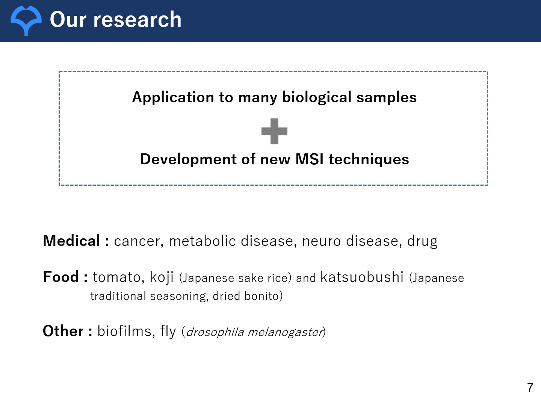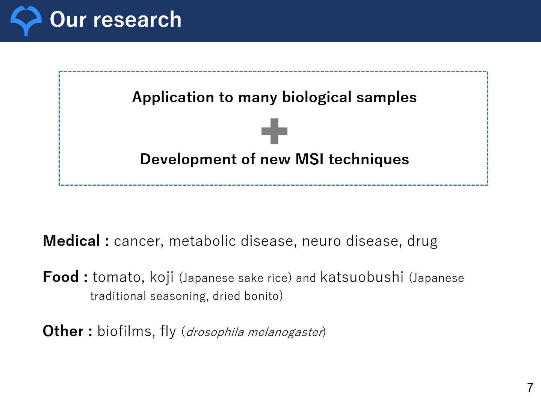Our research team is trying to solve many biological problems using mass spectrometry imaging. Our research target is very wide. For example, in the medical field, we target metabolites of cancer tissues and neurotransmitters in mouse tissues. In food research, we study not only agricultural products but also processed foods, such as rice, coffee, and also crude drugs.